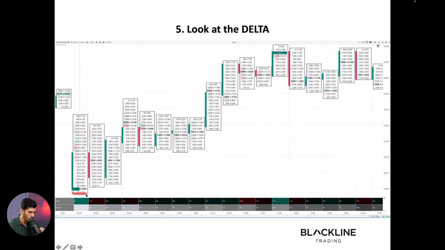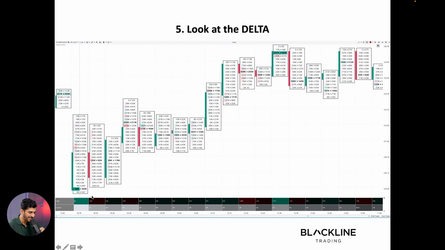As we said, passive orders being filled right here. 380K right here got filled. Passive orders being filled. Even though on the candlestick, we had a gap down and it looked like Tesla is going to dump, passive orders are being filled and the price is not really moving lower.